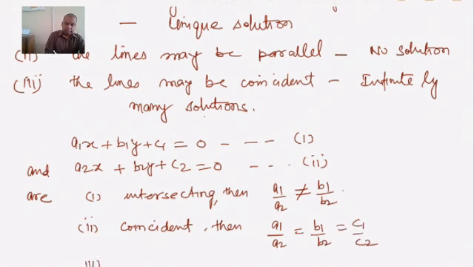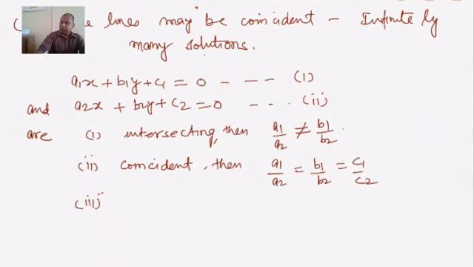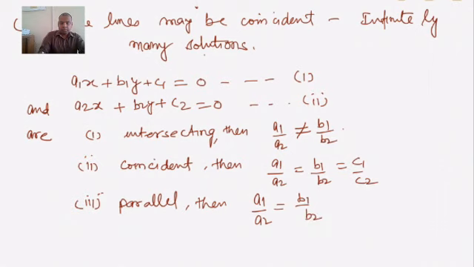And third, lines are parallel, then a1 by a2 is equal to b1 by b2 but not equal to c1 by c2.